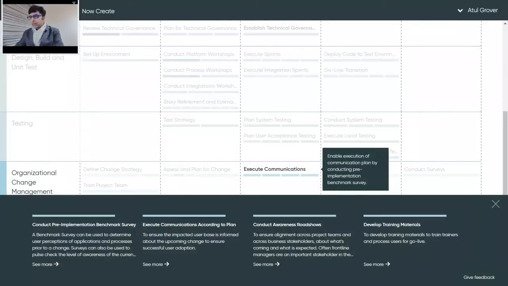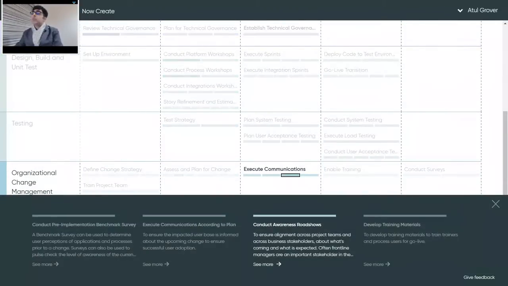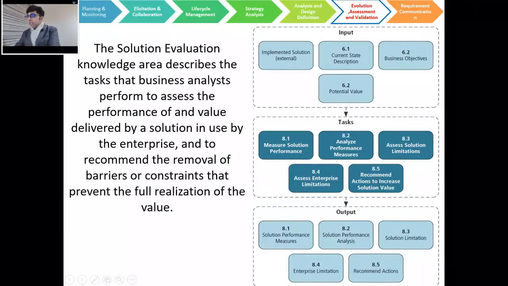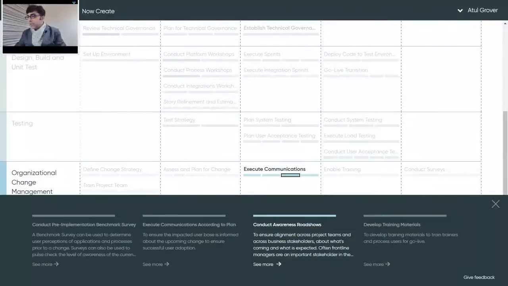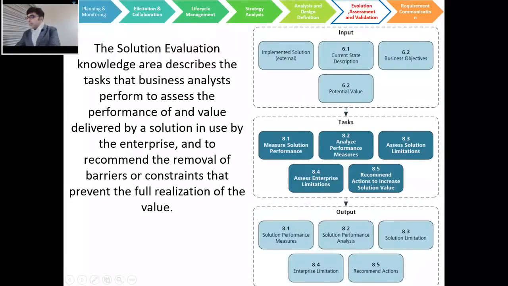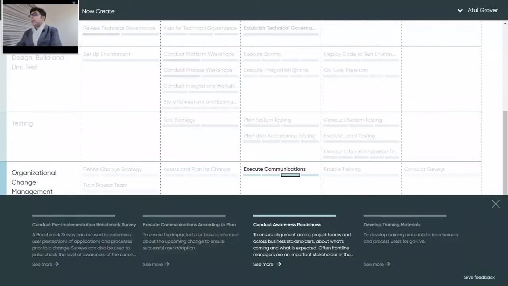Let's see, conduct awareness roadshows. Like this is one. Two, if I say the recommending solution part, this is one of the things we can do. Training materials we can use. Execute communication according to the plans, so pre-plans and the benchmark surveys. These things are required in this particular part. How can a business analyst recommend if you don't have these things in place?